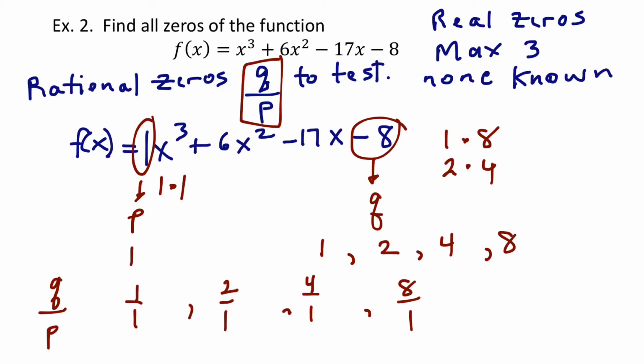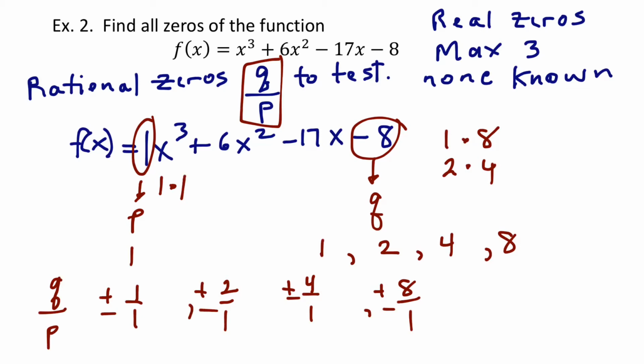And then because we know that they could be any combinations of pluses or minuses in order to come up with negative 8, I'm going to put plus or minus on all of these. Okay, so I have 2, 4, 6, 8 potential rational zeros to test.